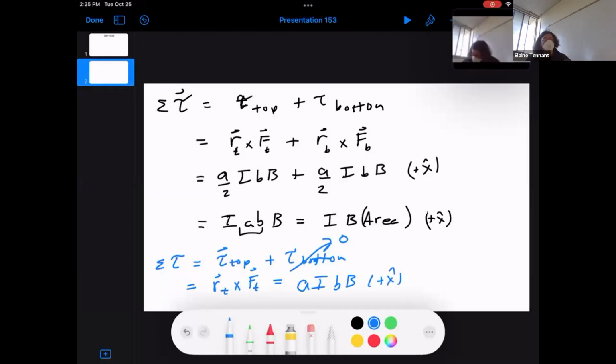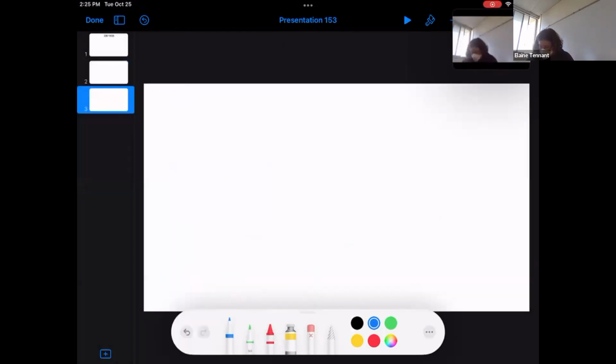And I'm hoping you see that this is the same thing. We have the current times the magnetic field times A times B, the area. So we have IB times that same area. Is that okay? Okay, cool. So I feel that we've satisfied ourselves that this is actually the torque acting on that loop. It's not some weird math thing that we've come up with.